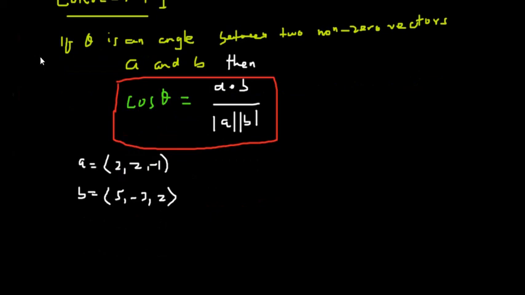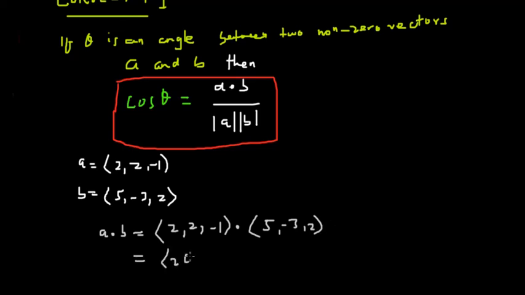So first we find their dot product. The dot product of (2, 2, -1) and (5, -3, 2) gives us 2 times 5, plus 2 times -3, plus -1 multiplied by 2.